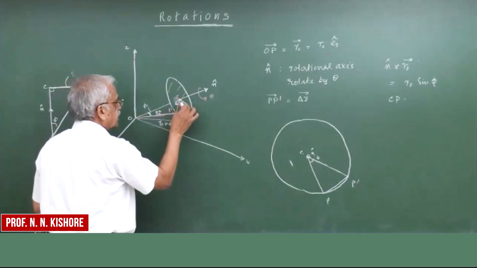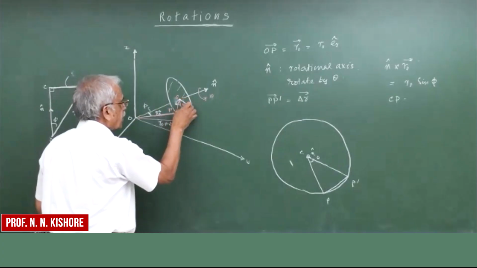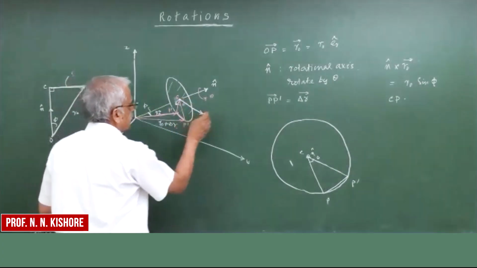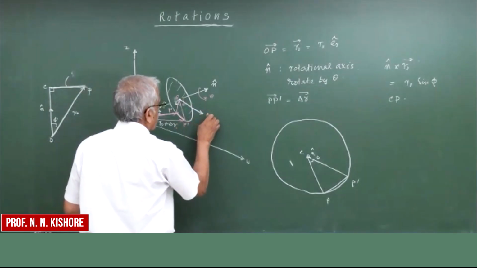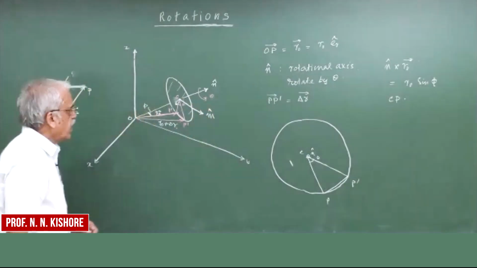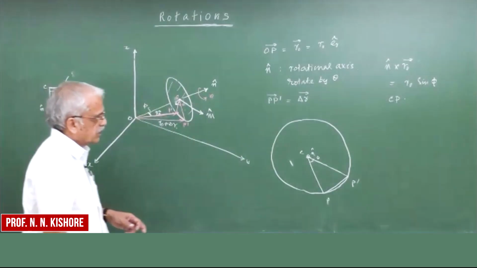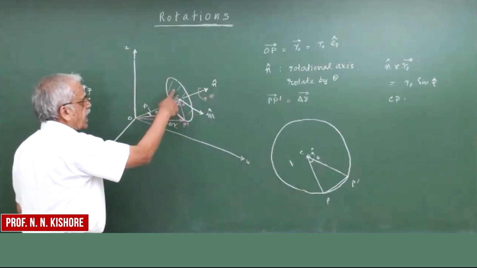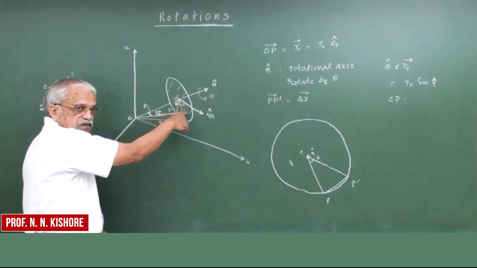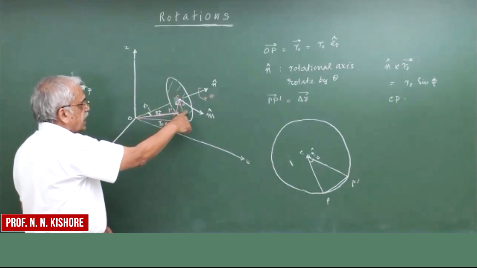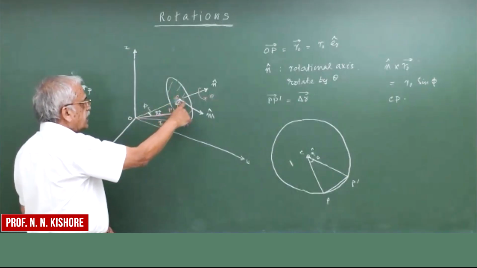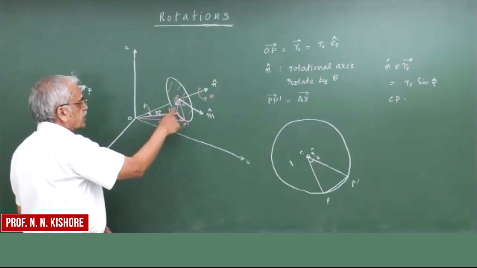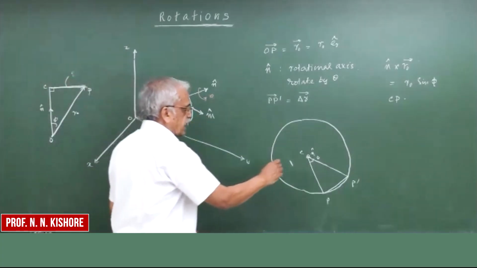Let us say this vector is M. What is the direction of M then? M is in the plane of the circle here, right? And it is 90 degrees to this one as well as this one.